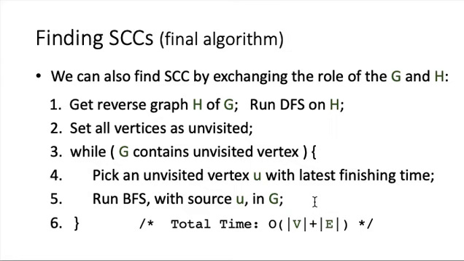If you understand everything so far, we can exchange the roles of G and H. We first get the reverse graph H of G, but this time we run DFS on H, and the extraction of the SCCs is done on G. So we run the reverse graph, get the DFS order, and then when G has an unvisited vertex, we pick a vertex U with the latest finishing time during the DFS of line 1.